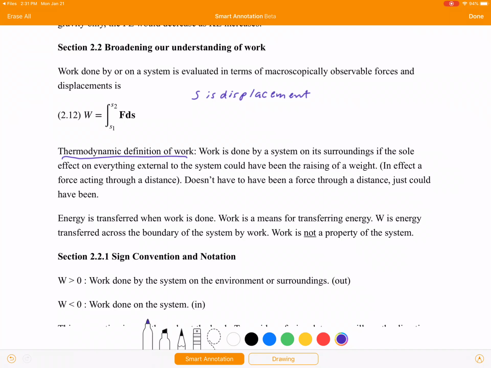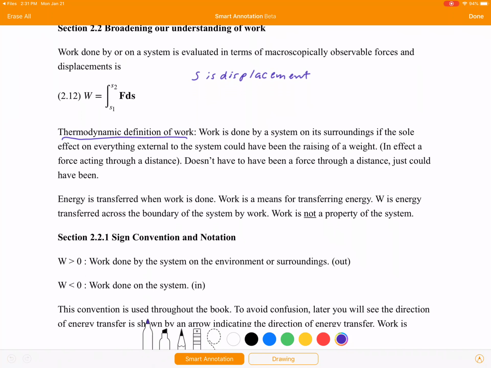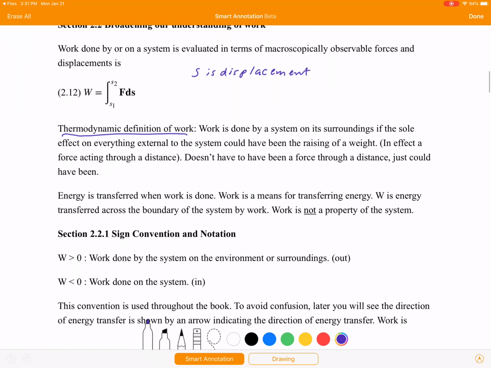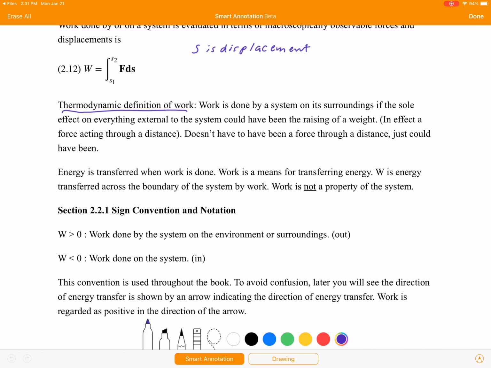So if you can represent it as a force through a distance, then we consider that the thermodynamic definition of work. Energy is transferred when work is done. Work is a means for transferring energy.